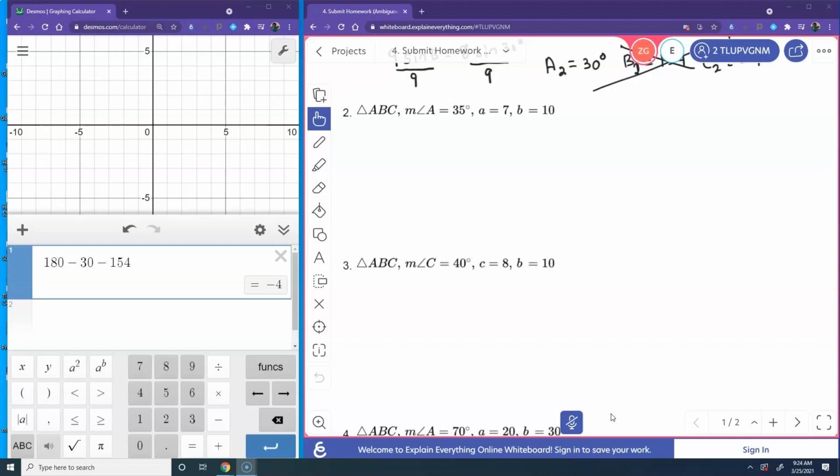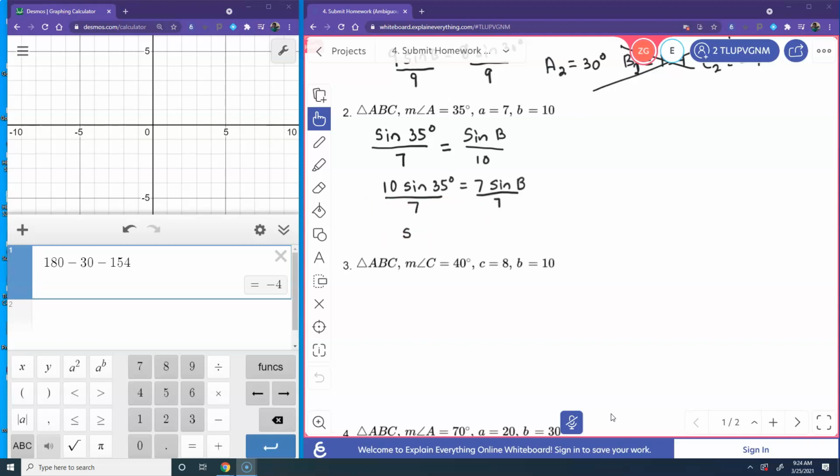Okay, number 2, we're going to repeat the process. So we have the sine of 35 degrees is to 7 equals the sine of B over 10. So what you're going to do now is cross multiply. So you have 10 times the sine of 35 degrees is equal to 7 times the sine of B. And since we're solving for B, we're going to divide both sides by 7.